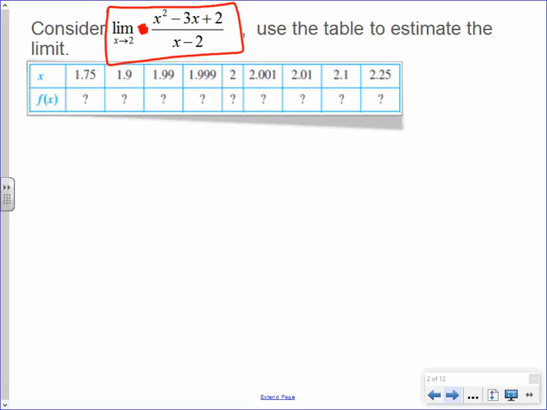Pod 3, 1.99. Pod 4, 1.999. So you're plugging those numbers into that function. We're going to see what's happening on our graph. Pod 5, 2.25. Pod 6, 2.1, and then I'll do the other two.